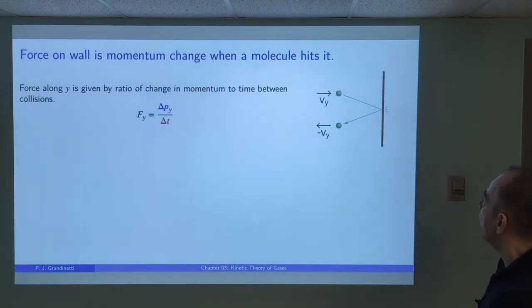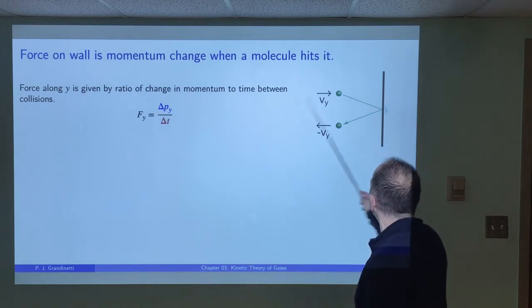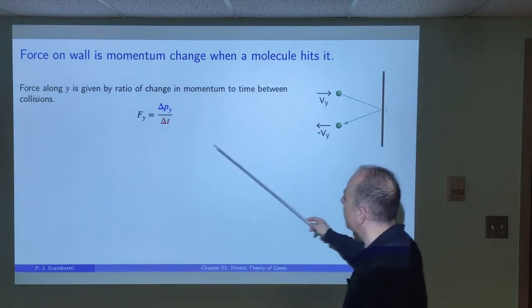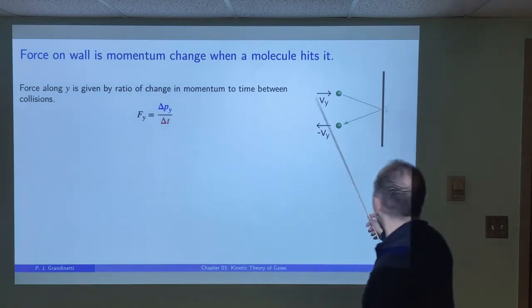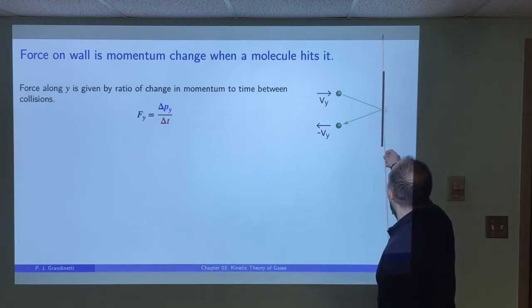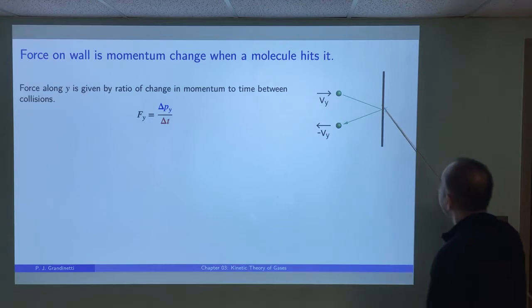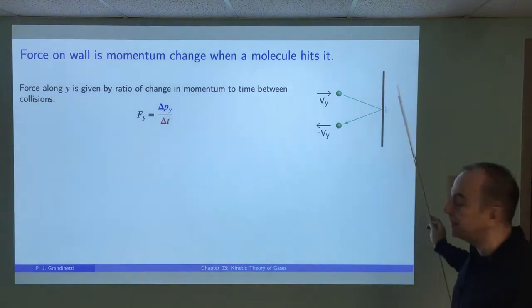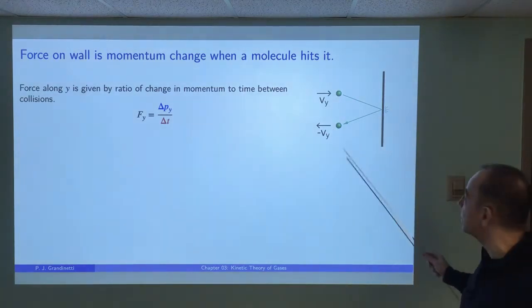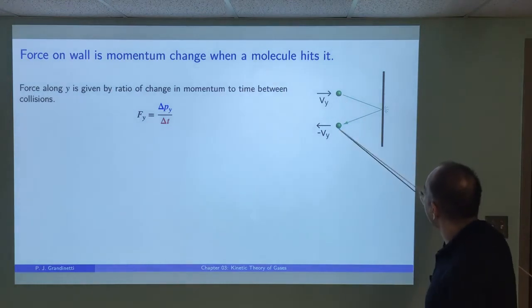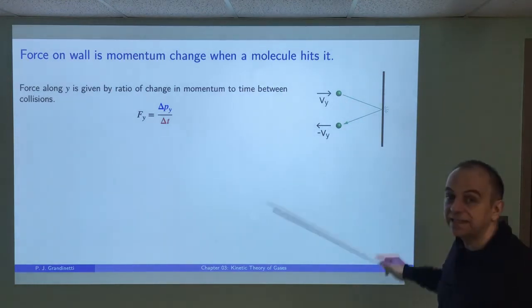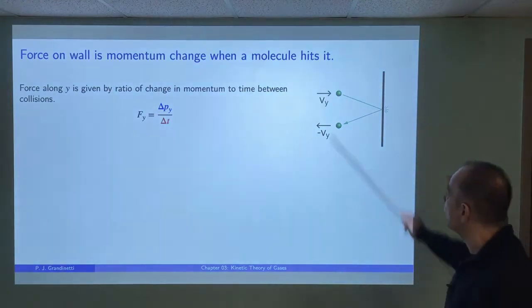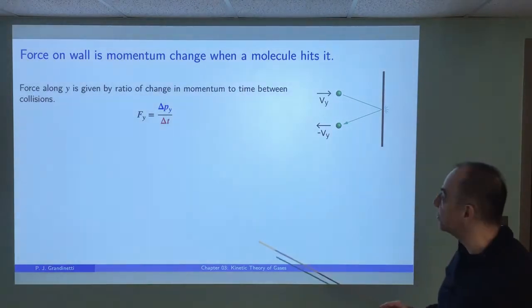So let's start. If we take one molecule moving along the y direction, and we just want the force along the y direction, we can imagine a wall that's perpendicular to the y direction. As the molecule moves, it hits the wall in an elastic collision. That means kinetic energy is conserved, and it flies off with a velocity that's equal but opposite in the y component after that collision.